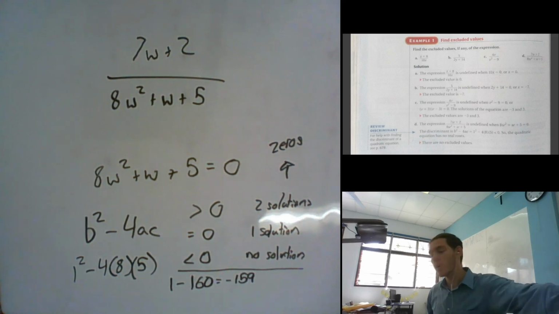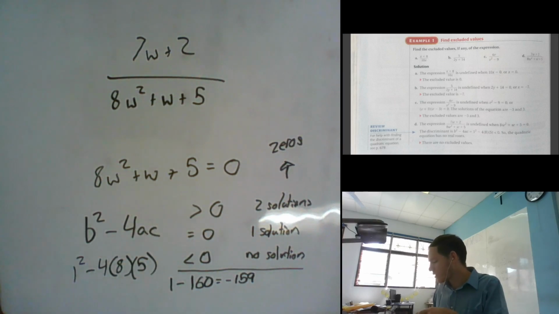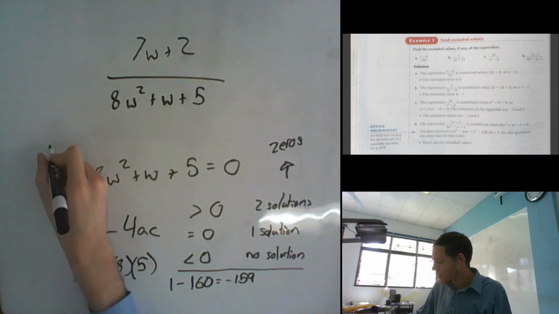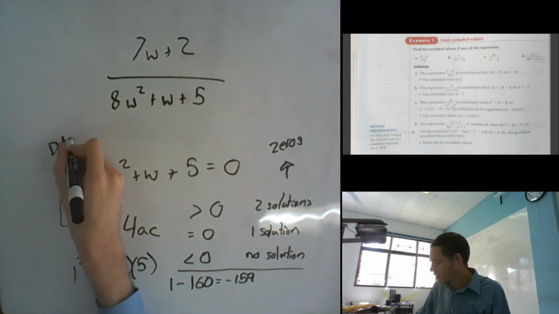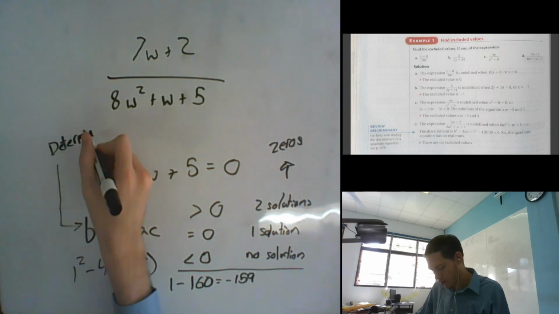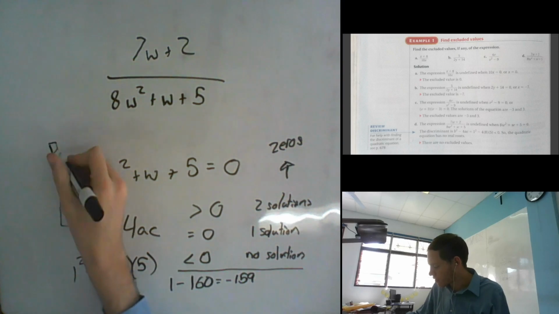Okay. So, if we have a quadratic, we have to recall, this is called the discriminant. Sorry, discriminant, not determinant. Determinant's a different name.